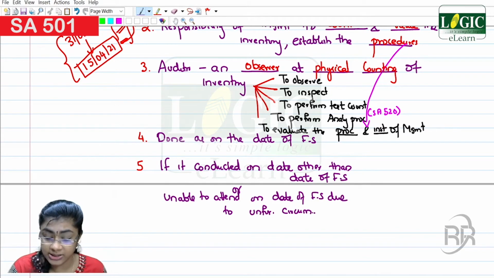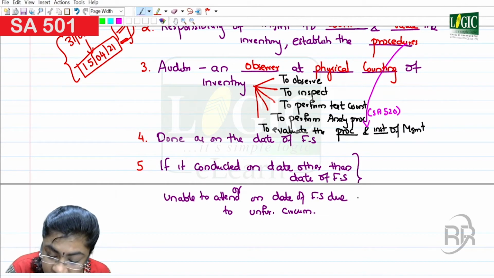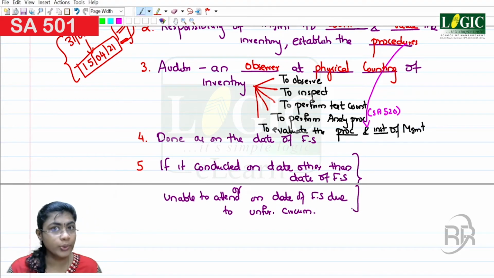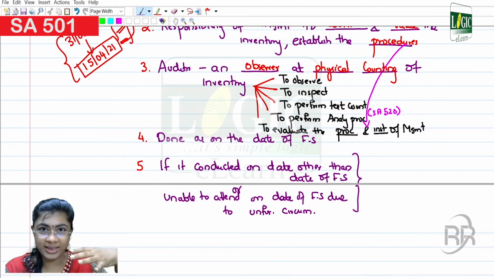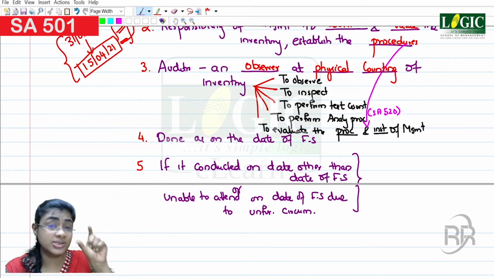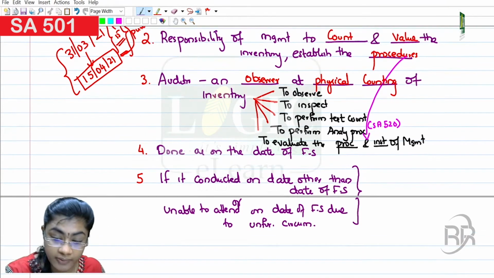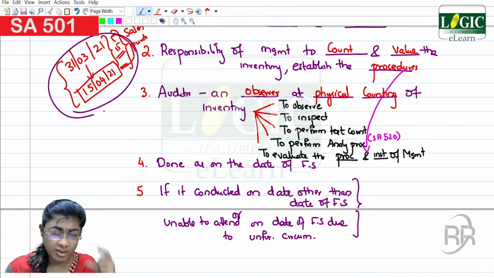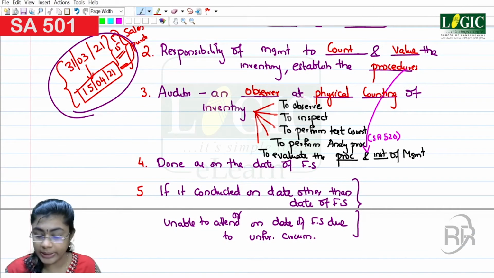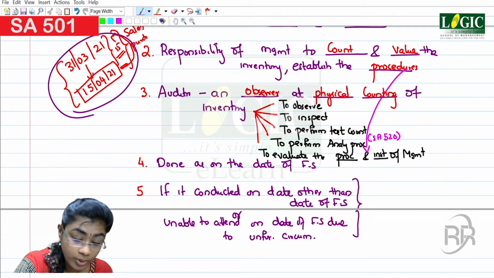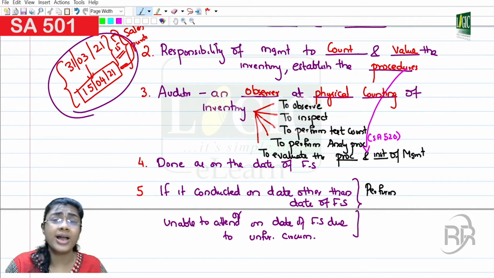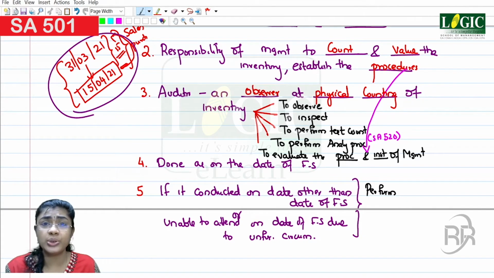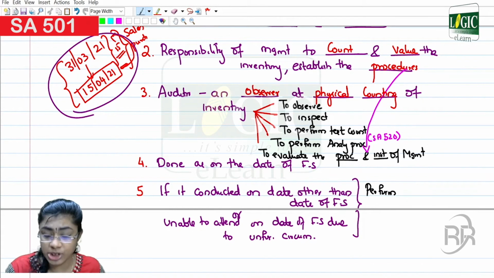Unforeseen circumstances. In such case, what will you do? I said we will back-work, add the sales, reduce the purchases of that 15 days in our example. That 15 days we said is the intervening period. So what shall we do? To add back, reduce, etc., you have to perform extra procedures.